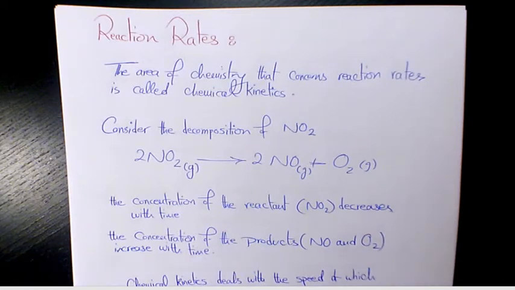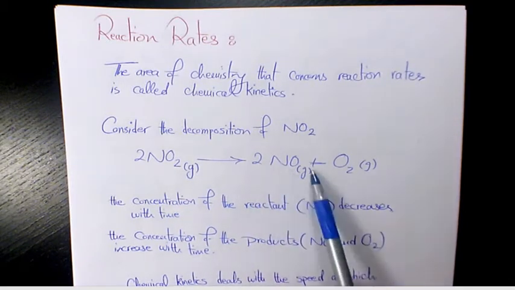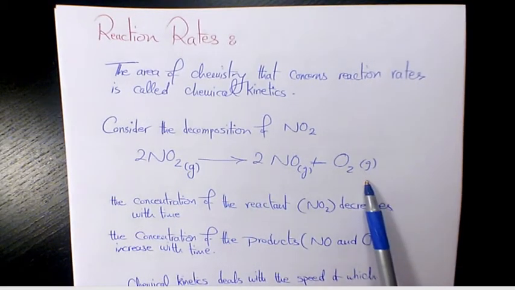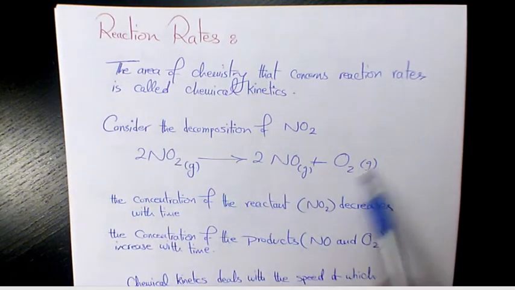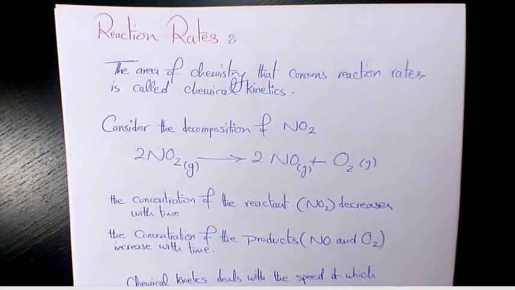For example, let's consider this reaction. It says, consider the decomposition of NO2. We have this balanced reaction, 2NO2 gives 2NO plus O2. And then you can see the reactants on the left hand side and the products on the right hand side.